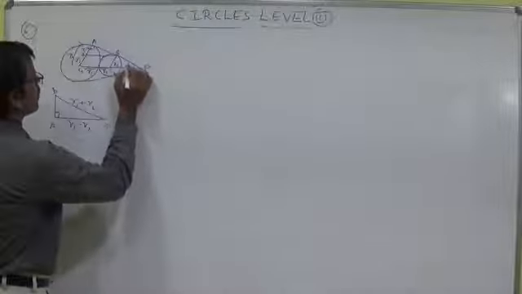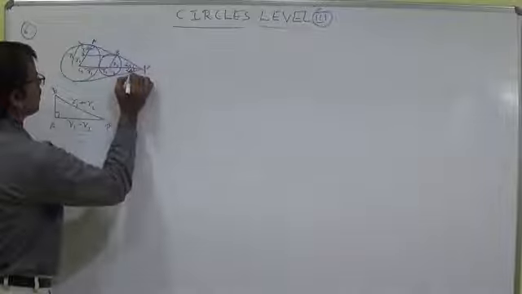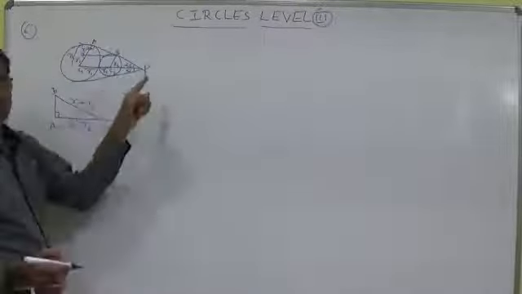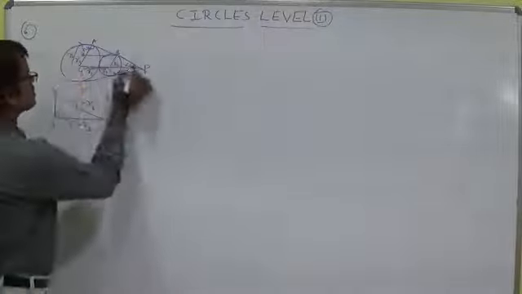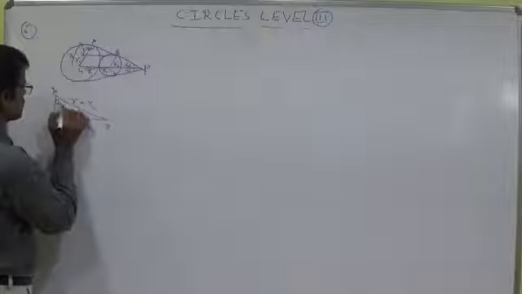Let this be the half angle alpha by 2. This is half angle alpha by 2. Angle in the same segment is the same, so here you can say that B is equal to alpha by 2.